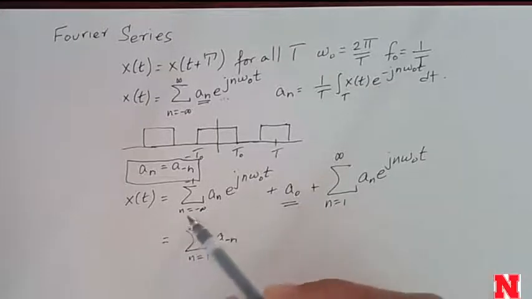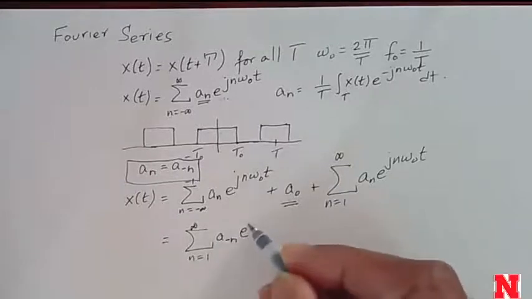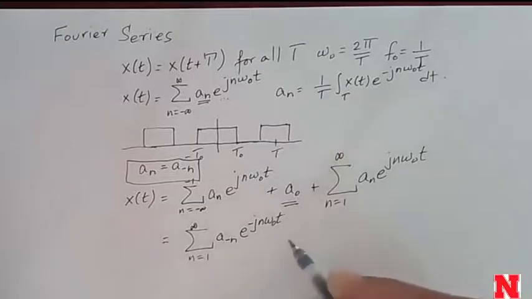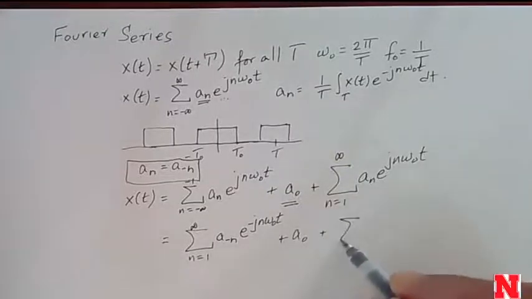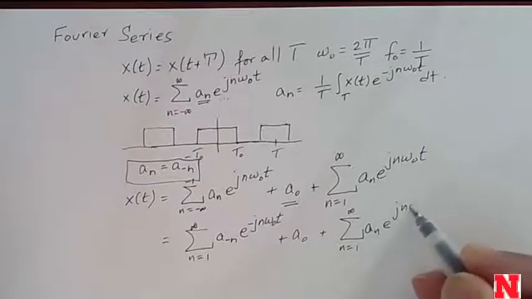So I took that minus and I put it inside, e to the minus j n omega naught t plus, of course, that a sub 0 and plus, and I won't do anything with this. I'll leave that as 1 to infinity a sub n e to the j n omega naught t.